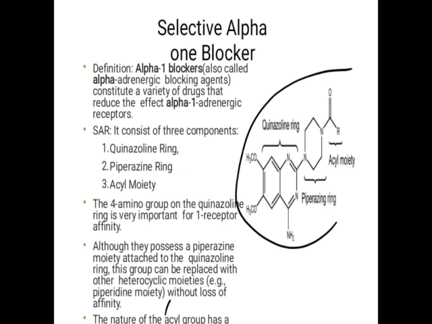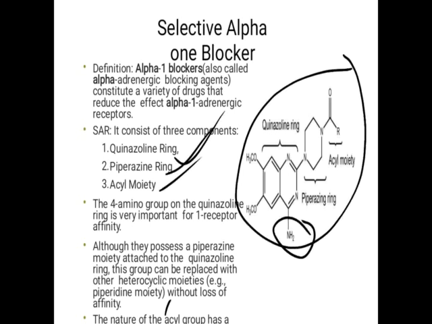Okay, here you can observe the basic nucleus which is required for a selective alpha 1 antagonist. The quinazoline ring is there, the piperazine ring is there, the acyl moiety is there, and the 4-amine group is there. The 4-amine group is actually required for binding to the receptors. That is essential for the activity. While the piperazine ring is not actually necessary for the activity.